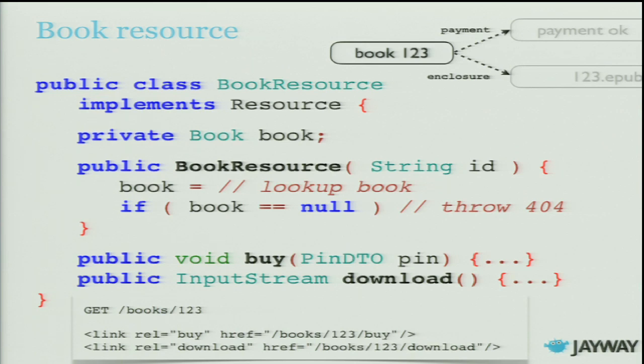Otherwise, you assign it to your local variable book, and then you have these two methods down here, buy and download. Okay, so first of all, under the hood, how does this actually work?